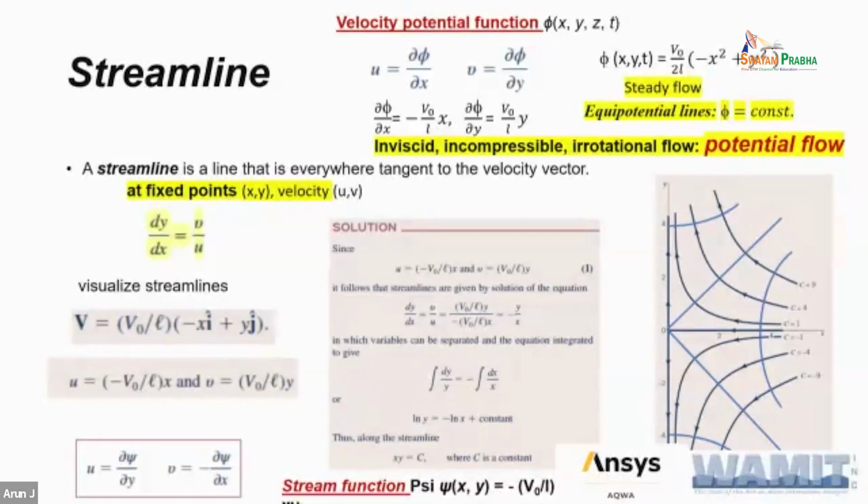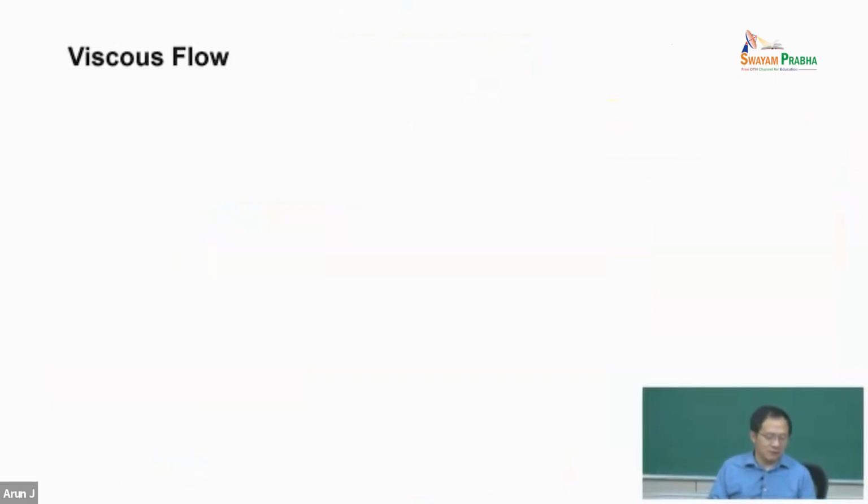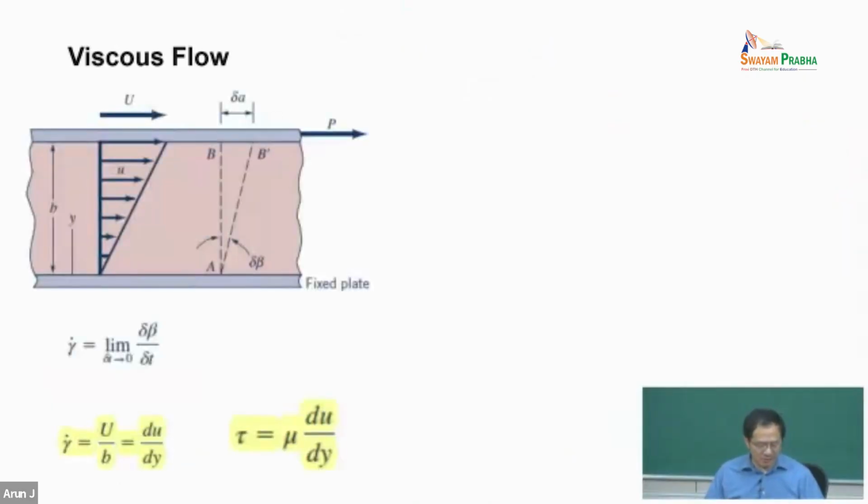Again, we say this potential flow is inviscid flow, there's no viscosity. Another thing is viscous flow. In viscous flow, you have shear force. I already explained this shear force is related to viscosity mu, and to the rate of shear angle change, du/dy.